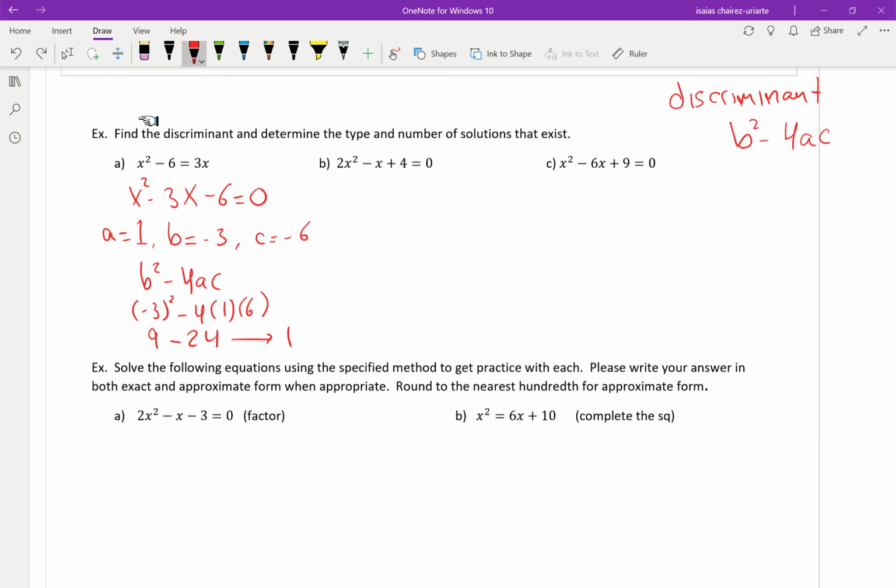Sorry, -15. I gotta be careful with my signs. -15. Okay, so that is my discriminant.